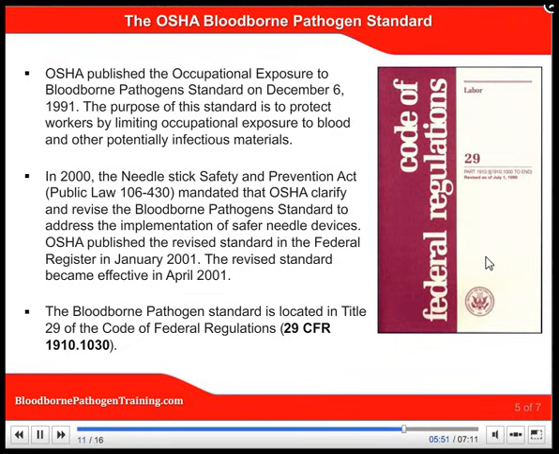OSHA published the revised standard in the Federal Register in January 2001. The revised standard became effective in April 2001. The Bloodborne Pathogen Standard is located in Title 29 of the Code of Federal Regulations, 29 CFR 1910.1030.